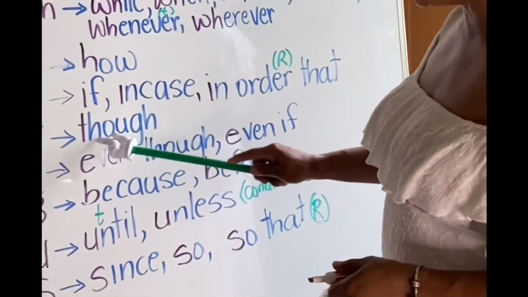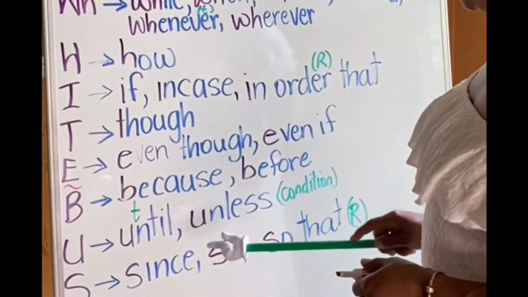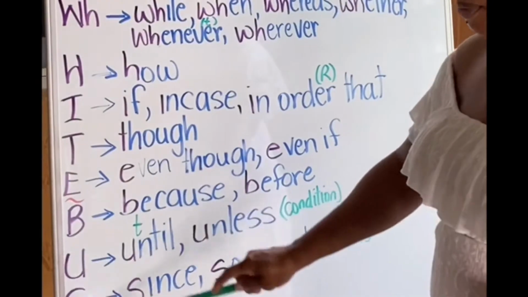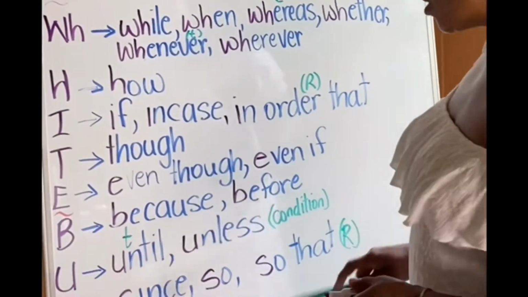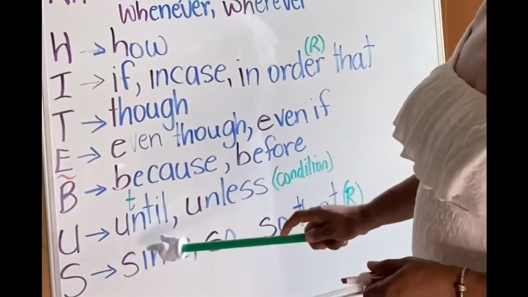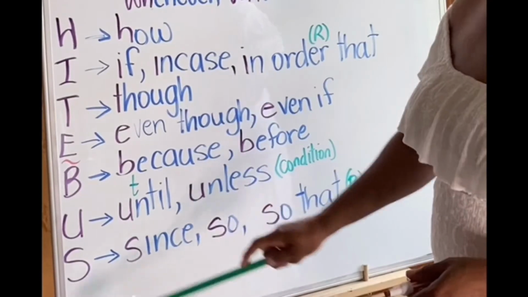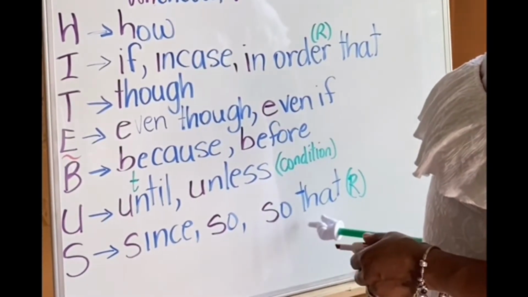T stands for though. E, even though, or even if. B, in bus, stands for because and before. U stands for until, unless, and S stands for since, so, and so that.